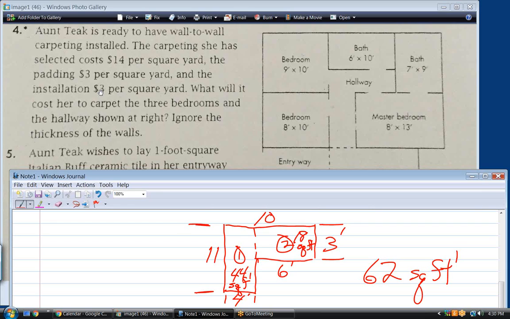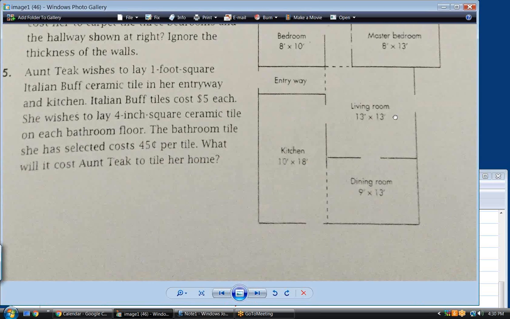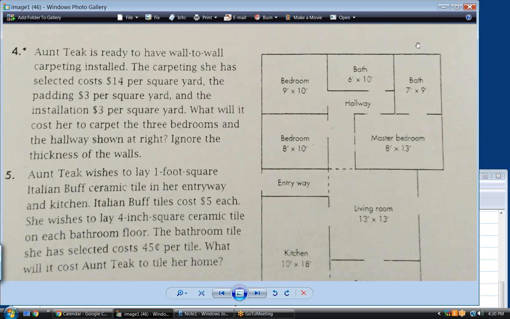That's about it, as long as you can figure out how to dimension each of these areas, because they don't give you the dimensions. You have to figure them out by doing what we did. At no point do they give you a total distance across the top, so you have to figure it out. You can't even tell on this bedroom which is the 9 and which is the 10, because it appears to be a square.